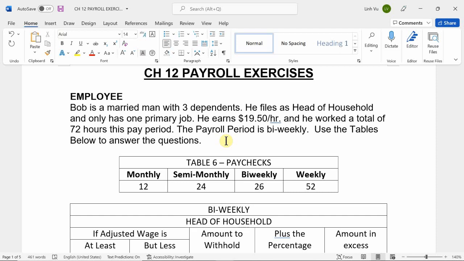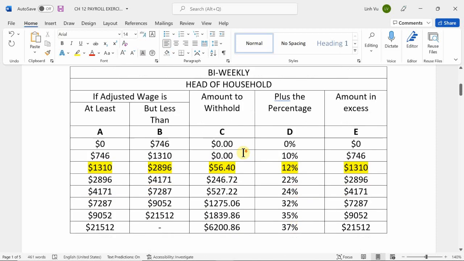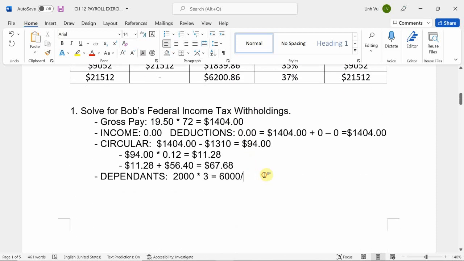The payroll period is bi-weekly. Bi means 2. Oh, okay. I didn't know that. So bi-weekly, 26. Okay, so he's going to be receiving 26 paychecks per year.